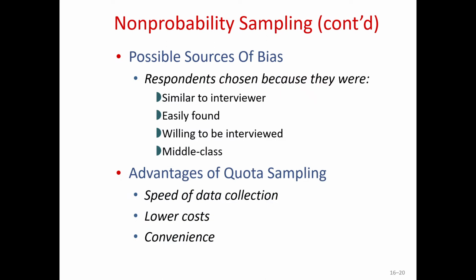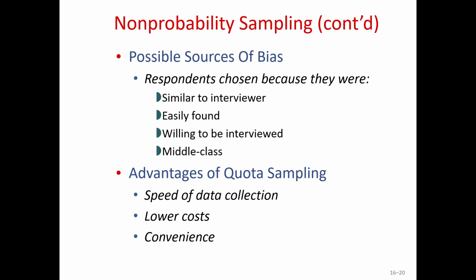So this is non-probability sampling as well. Possible sources of bias: the logic of classifying the population by pertinent subgroup is essentially sound. However, because respondents are selected according to a convenience sampling procedure rather than on a probability basis, the hazard of selection of subjects may introduce bias.